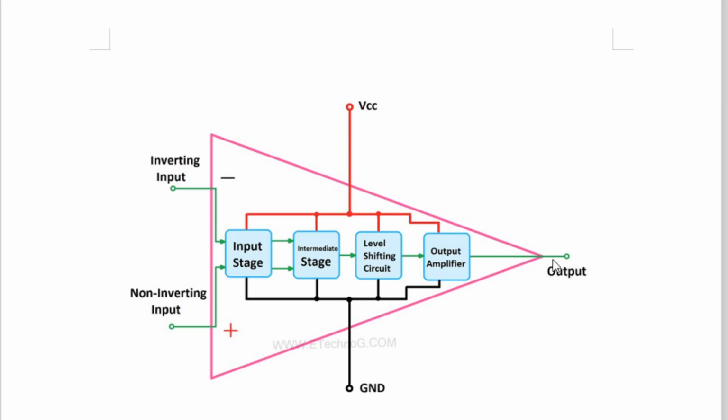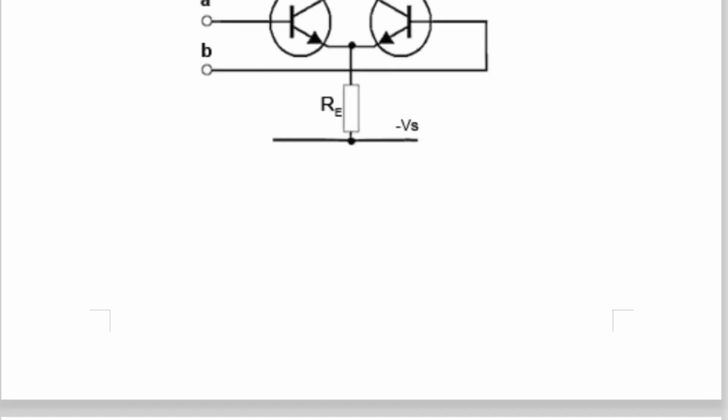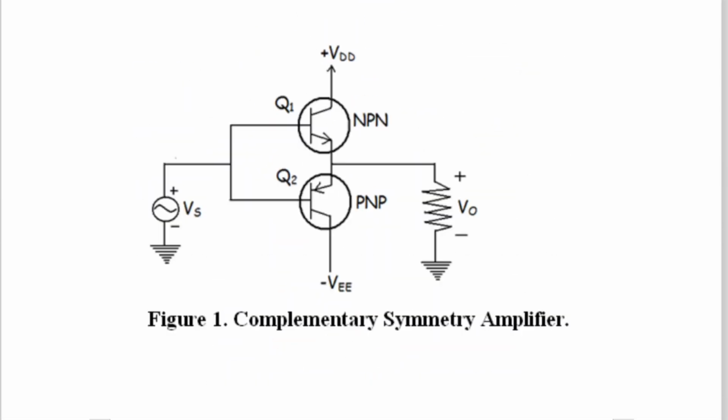This output is always measured with reference to the ground, and as you know very well, 2 batteries are connected in series and the junction of the 2 batteries is declared as ground. With reference to that ground, this output is measured. So in this way, in the operational amplifier, the last block is called the complementary symmetry amplifier.